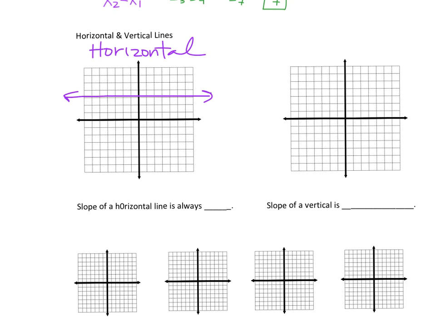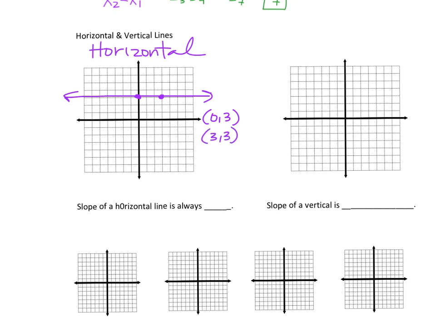So if I want to find the slope of this line, pick any 2 points. You can always find slope just picking 2 points on the graph. So let's say I pick this point, that would be the point 0, 3. And then let's pick this one, 3, 3.